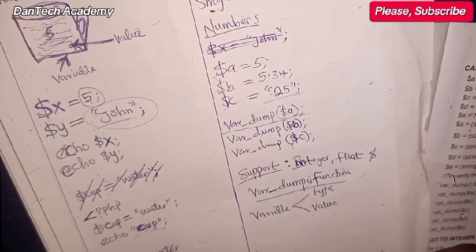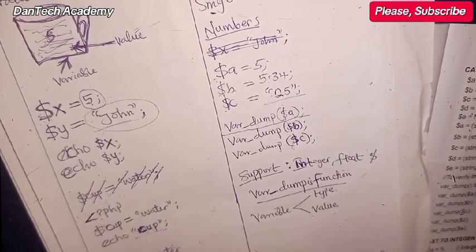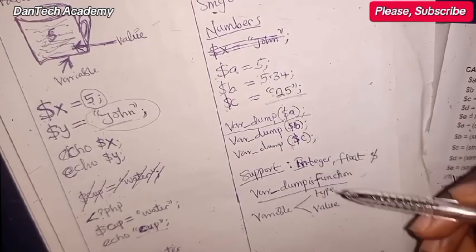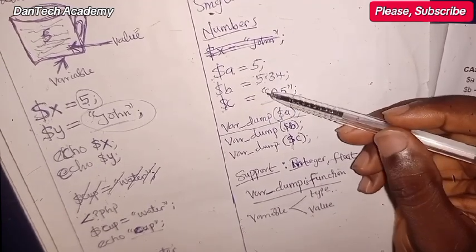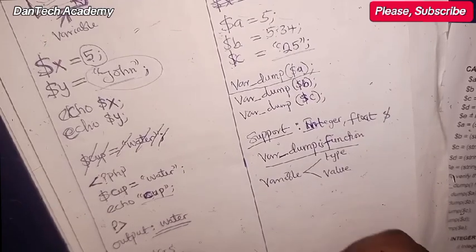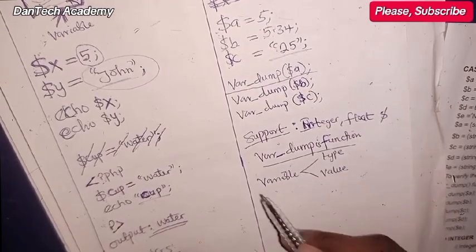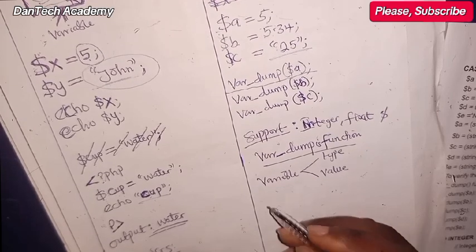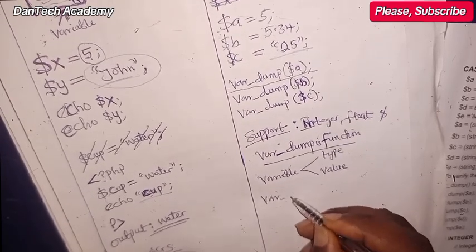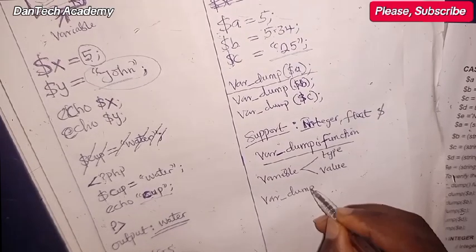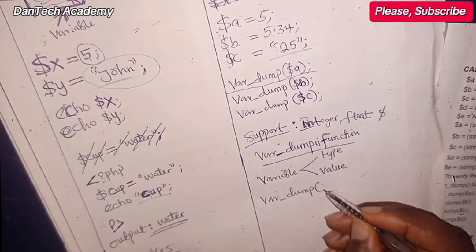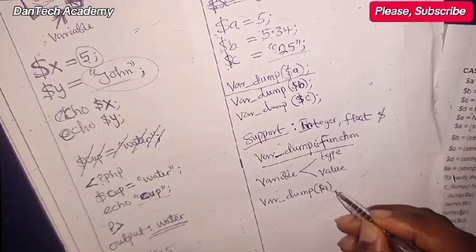Okay, so let us see how each of these is displayed, the value displayed and the type of the variables. The first one is var_dump with $a inside.